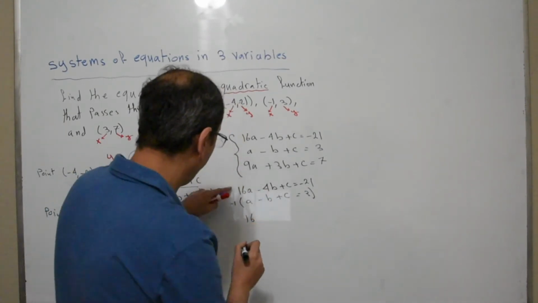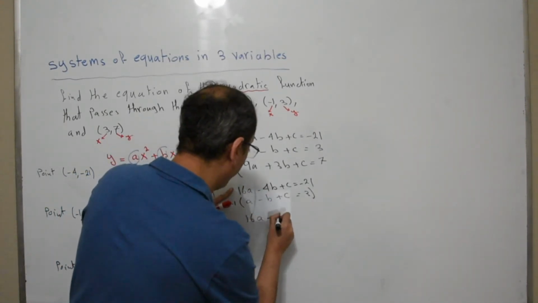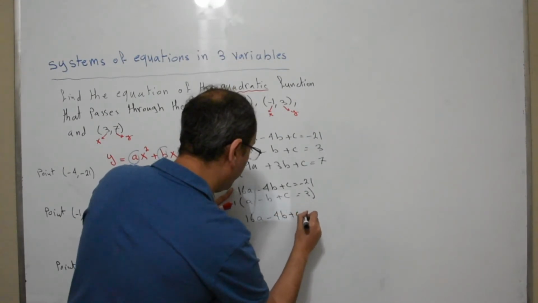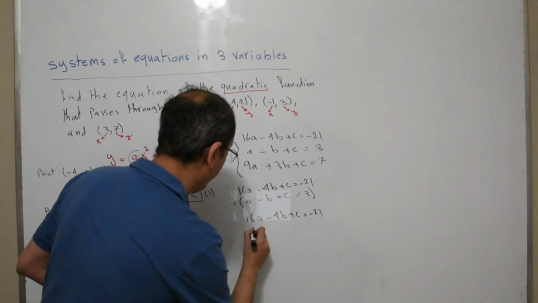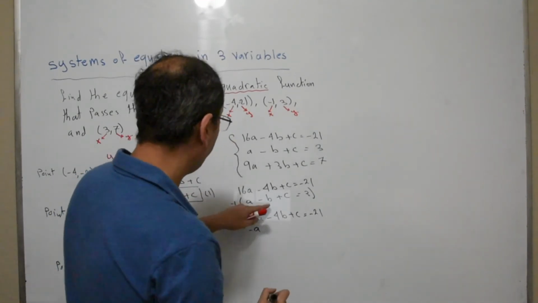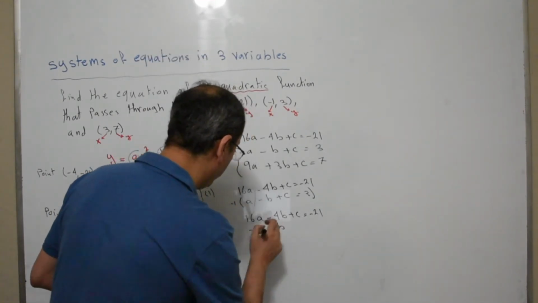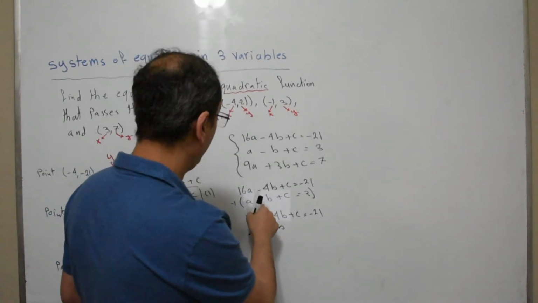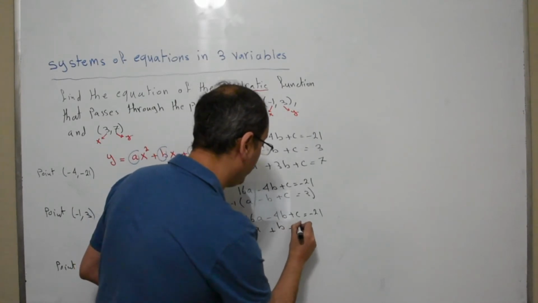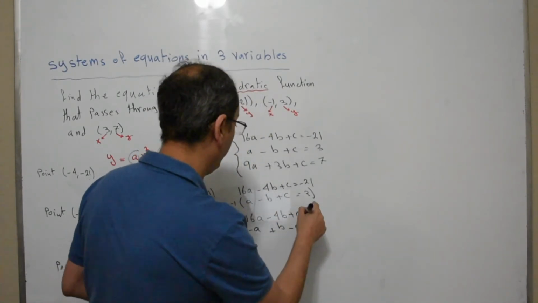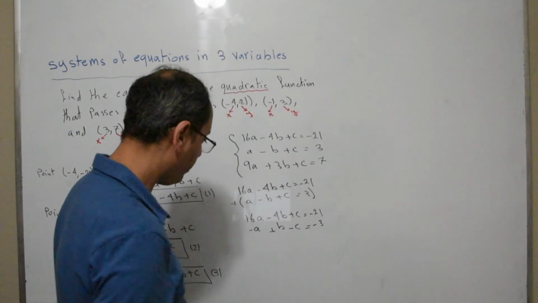The first equation is the same, 16a minus 4b plus c equals -21. And now I will get -a and then plus b. -1 times negative is positive, and -1 times positive is negative, equal -1 times 3 is -3.